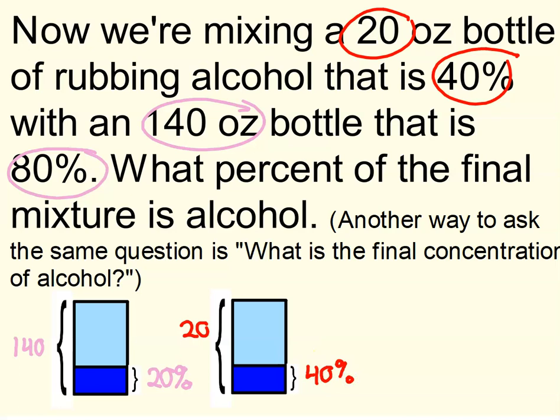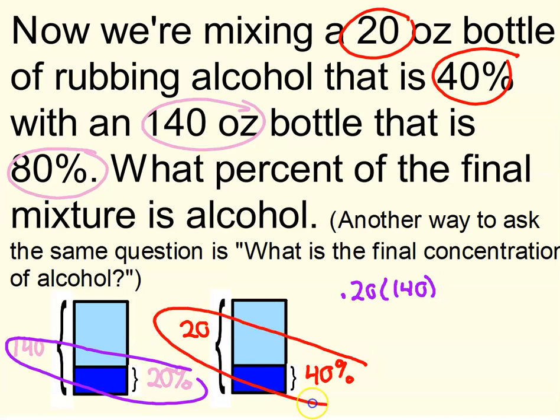Okay. So first what I need to do is figure out, well, how much alcohol is in each one. Okay. Well, to do that, what we'll do is say, let's find 20% of 140. Okay. And 40% of 20.